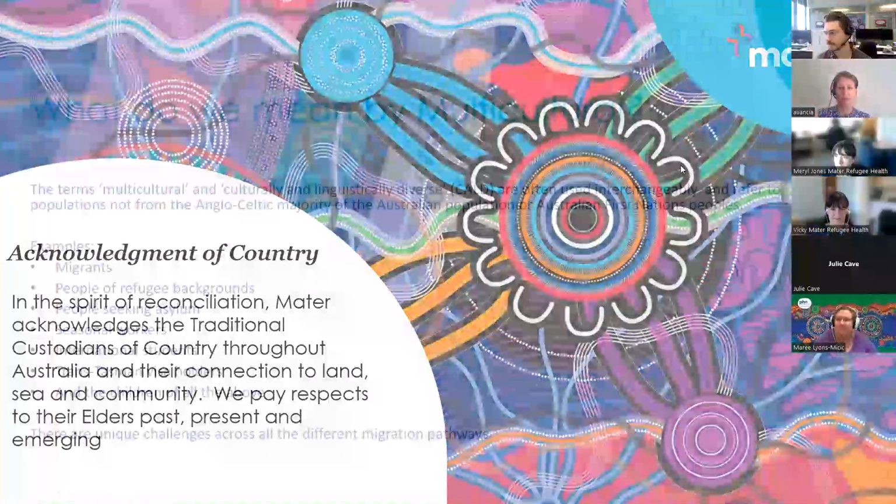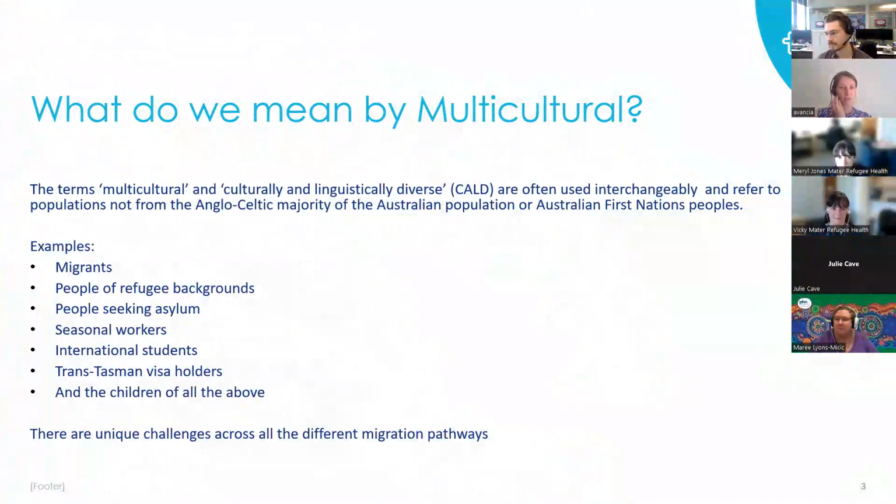Thanks, Vicky. So we wanted to start off with what do we actually mean by multicultural? It's a question that does come up. So you might have heard terms like multicultural and culturally and linguistically diverse, which we often shorten to CALD, and they're often used interchangeably, and they reflect the populations that aren't from the Anglo-Celtic majority of the Australian population, First Nations people.